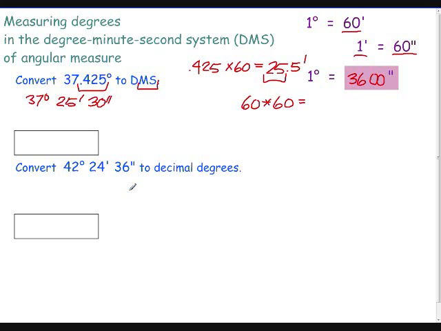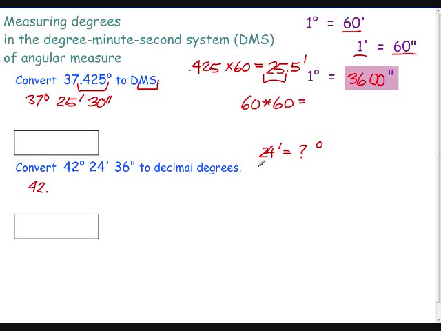Suppose we're given something in the DMS system and we want to convert it to decimal degrees. Well, we know that we've got 42 as our integer. 24 minutes is equal to how many degrees?